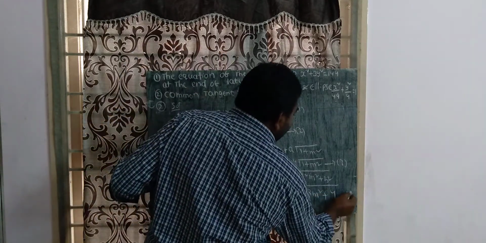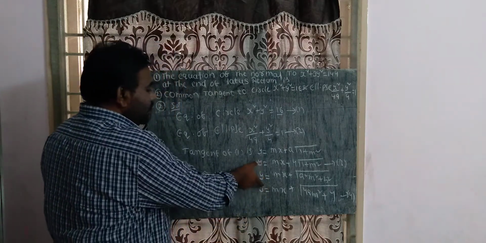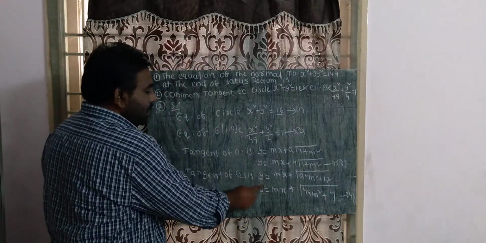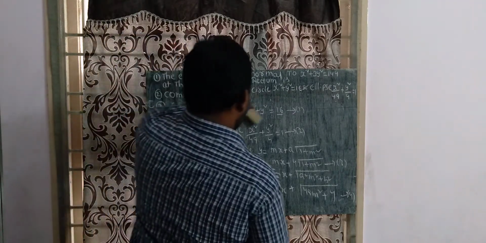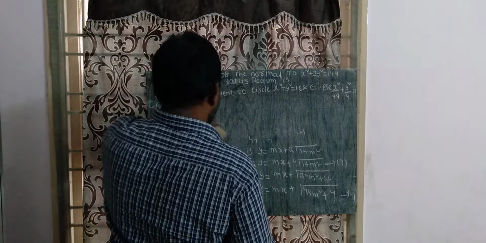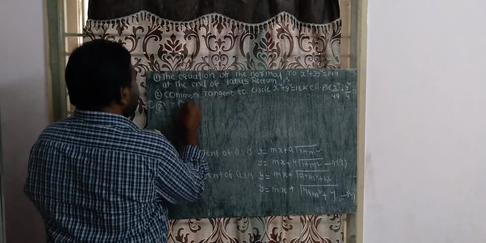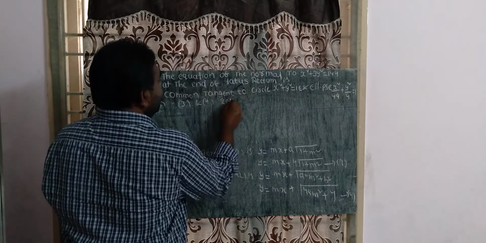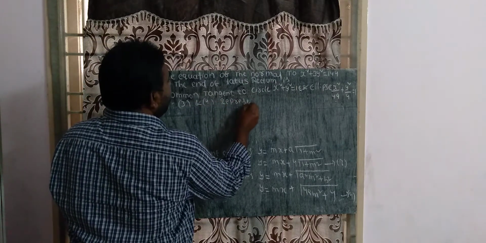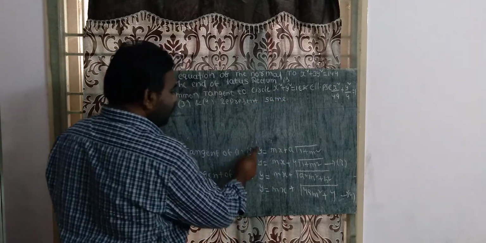This is equation 4. Now 3 and 4 represent the same tangent, that means both are equal.